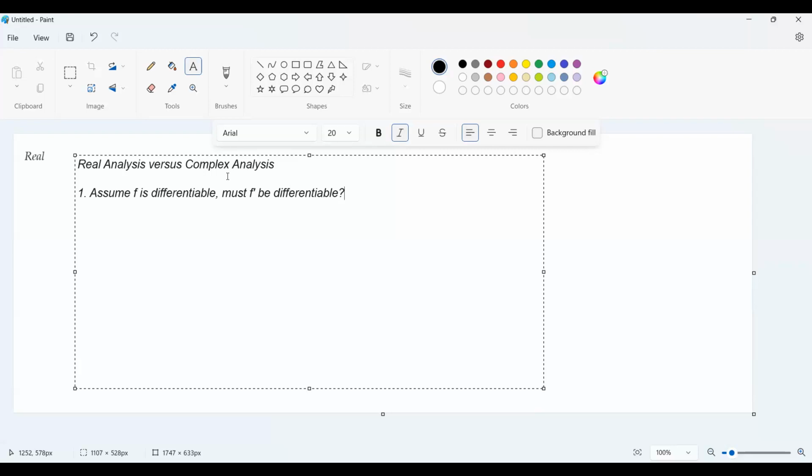It's not true for real numbers. Okay, so false for reals, true for complex. Does anybody know an example of a function that is differentiable once but not twice as a function of a real variable?